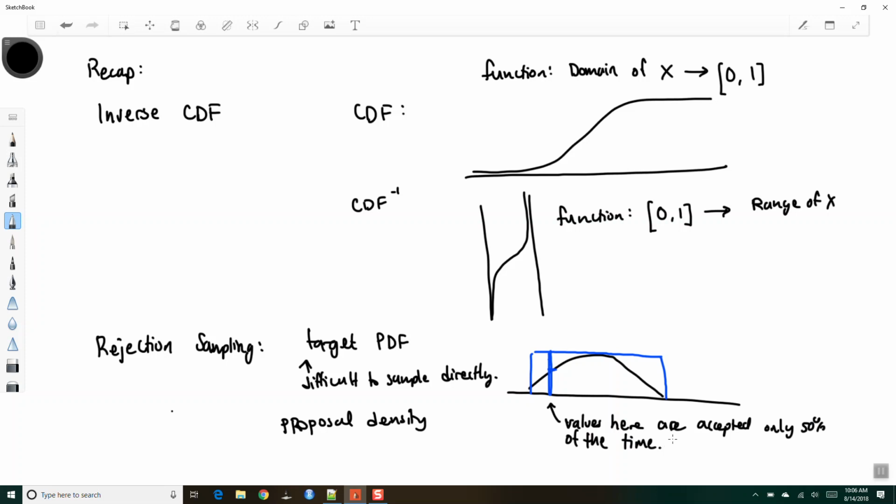So you propose a value according to the proposal density, and then you accept or reject them based on the ratio between the proposal density and your target density. That's rejection sampling.